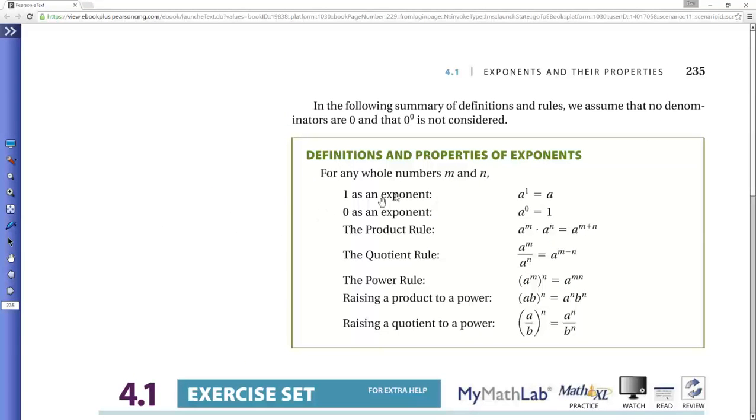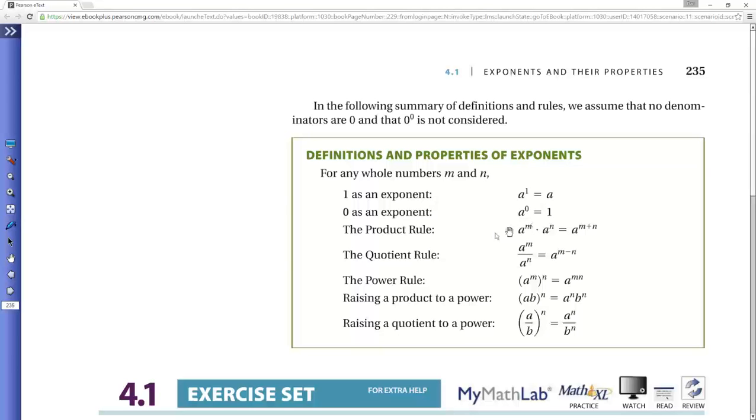This is a nice little summary of all the rules that we went through here. They talk about, remember that a to the 1 is equal to a. You got this 1 exponent that's implied there. That becomes very necessary to know what that exponent is, so I can add or subtract it depending on what rules I might be applying. Here's something about the 0 exponent.